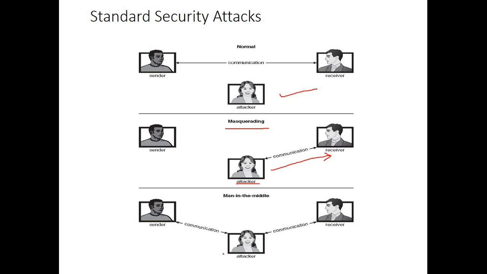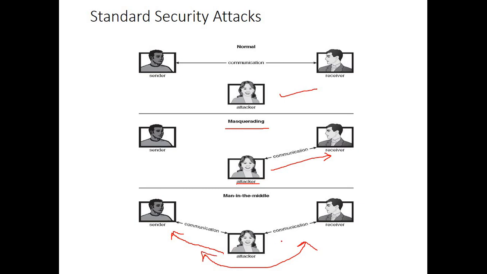And again, the attacker will communicate with the sender as if the receiver is communicating. But actually, the sender and receiver do not have direct communication. It is made via the attacker.